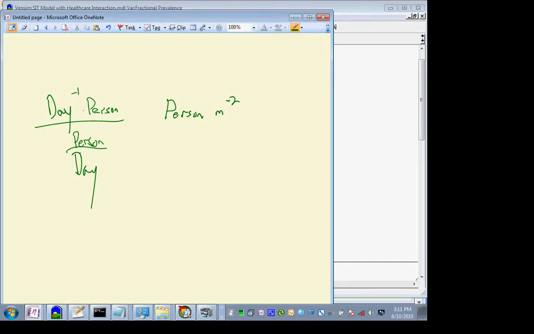And of course, I could write that unpacking it a little bit. This is person per meter squared.